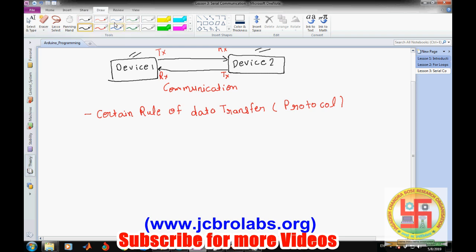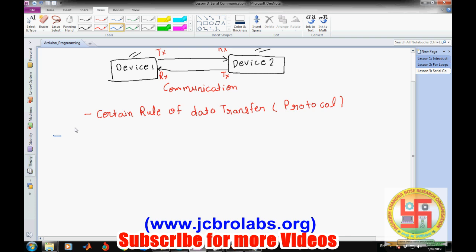So there are several communication protocols available in computer language. If you have connected your Arduino through USB, then whatever data you are transmitting or downloading into your microcontroller is transmitted through serial communication only.